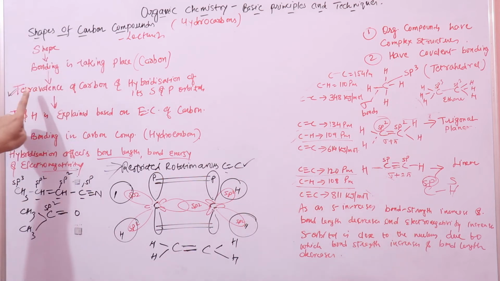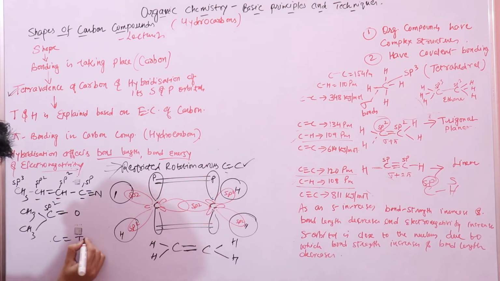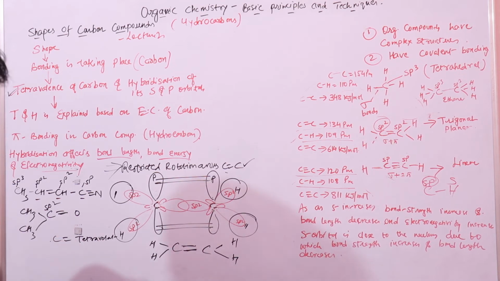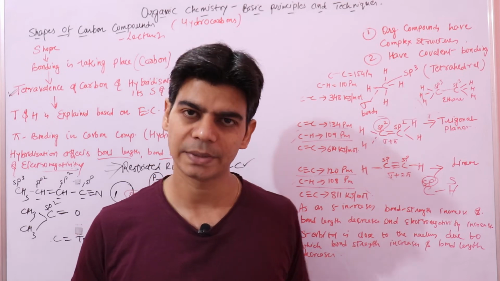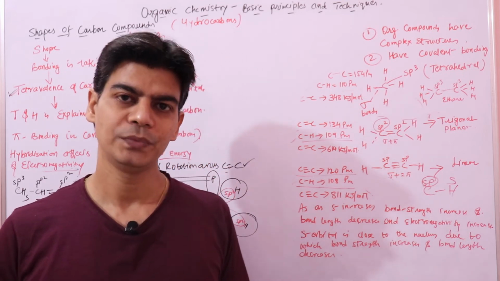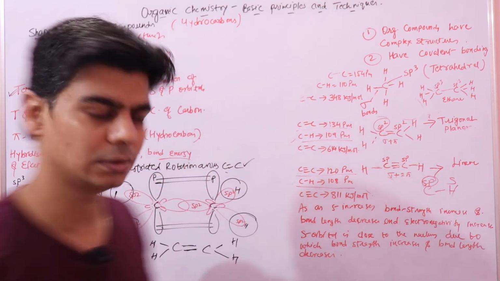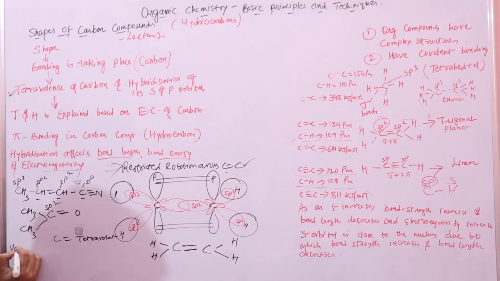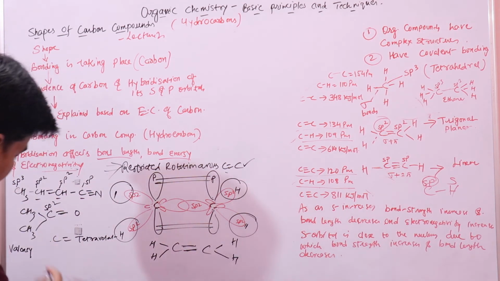Let's look into the tetravalency of carbon. Tetravalency is nothing but covalency. When I say carbon is tetravalent, that means its valency is 4. And how do you know the valency? Valency is combining capacity, and if you look from the electronic configuration, it is equal to the number of half-filled orbitals. In covalent bonding we call it covalency.